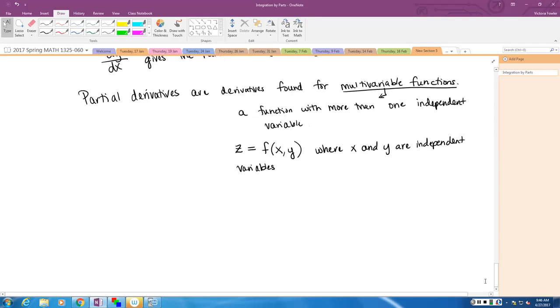Okay, so the functions we look at, they're called z. We can write them as f of x comma y. And we're going to take derivatives of these multivariable functions.